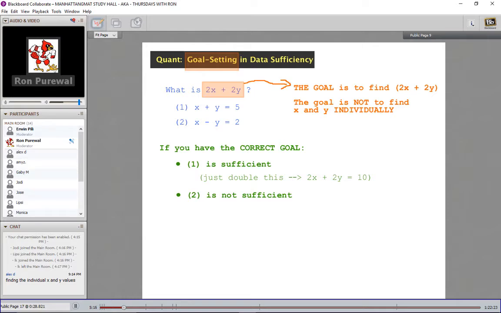You want to prove it by just doing some very basic testing of cases. You can pick any x and y. You need x minus y to equal 2. So you can pick any x and y that do that. Like if x is 2 and y is 0, then 2x plus 2y is 4.